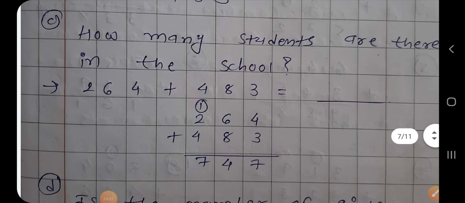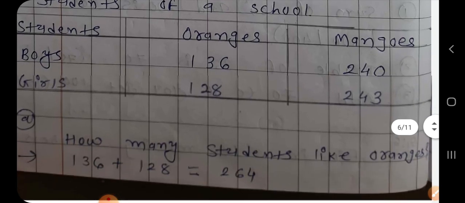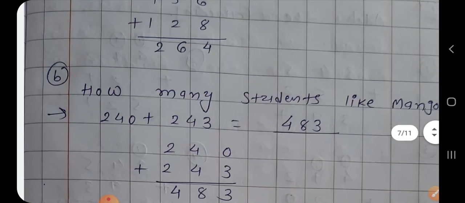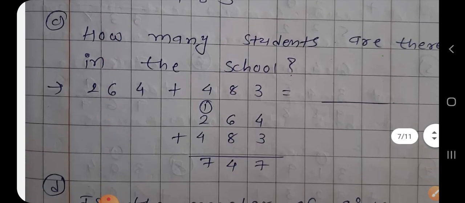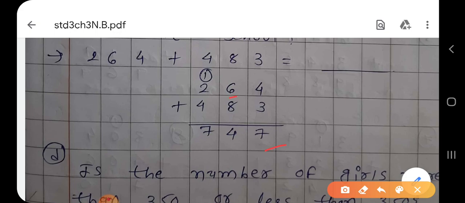Then see how many students are there in the school. Total students means the number of girls plus the number of boys. That means 264 plus 483. 4 plus 3 is 7. 6 plus 8 is 14.